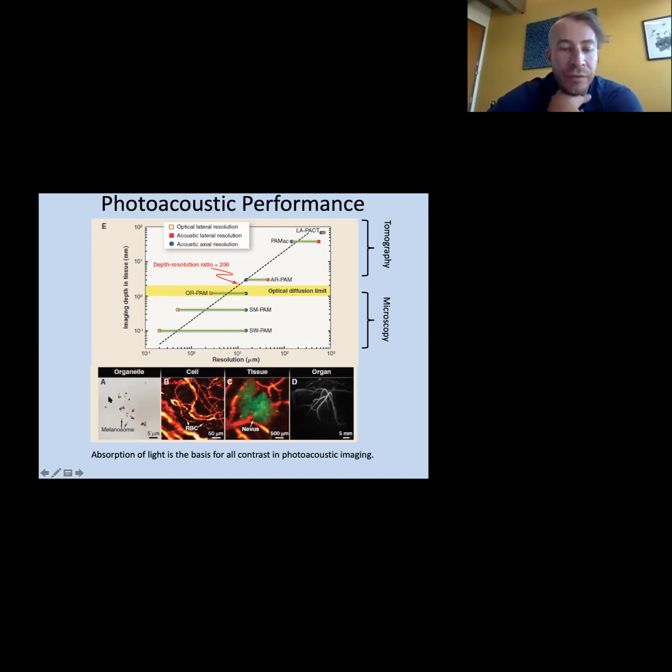And so photoacoustics is kind of cool in that you can use this same mechanism to image from organelles all the way to whole organs, right? So here's imaging melanosomes with photoacoustic microscopy. Here are people imaging individual red blood cells moving through a capillary. Here's a freckle. The scientific term for a freckle is a nevus.